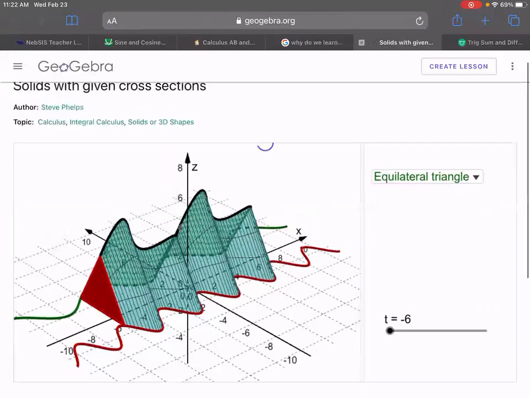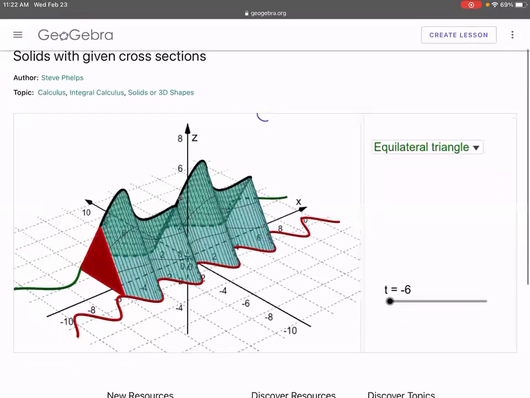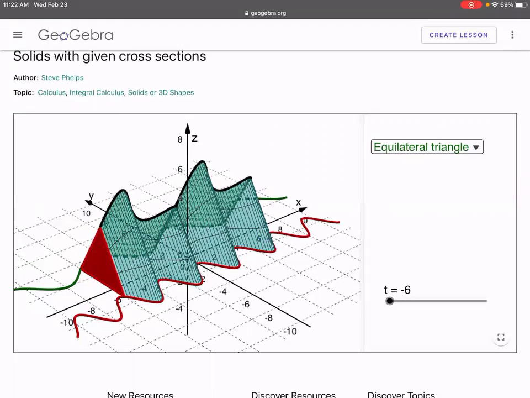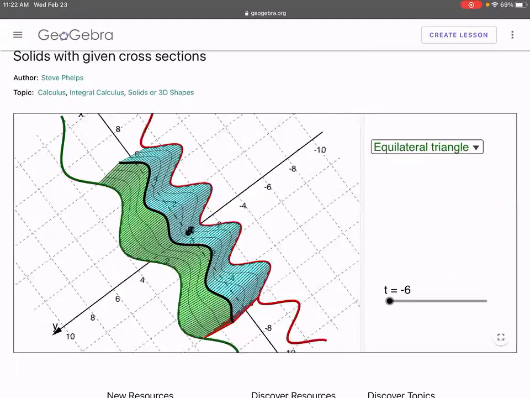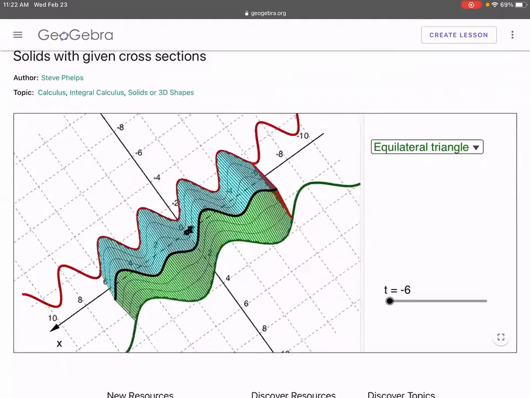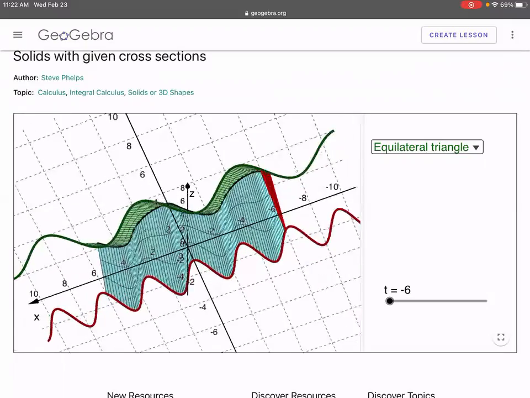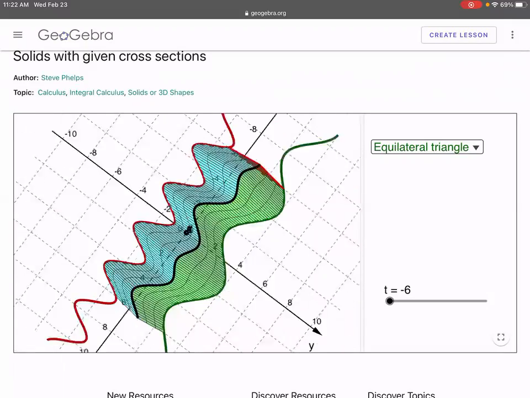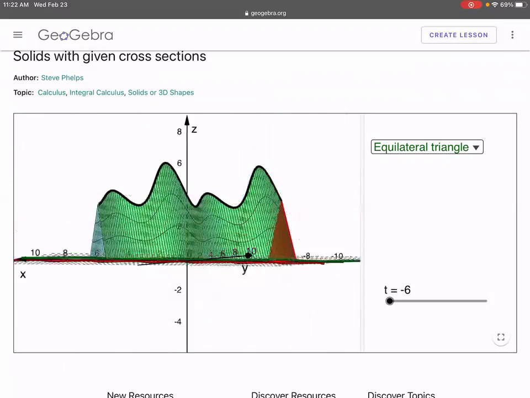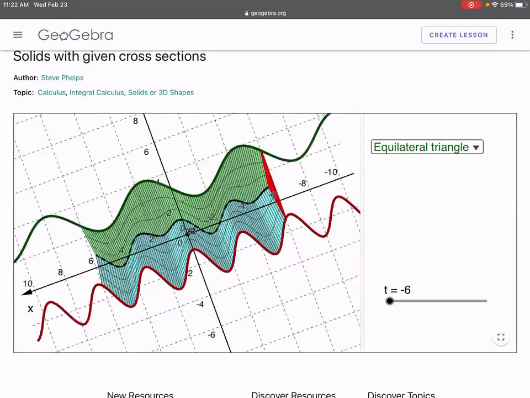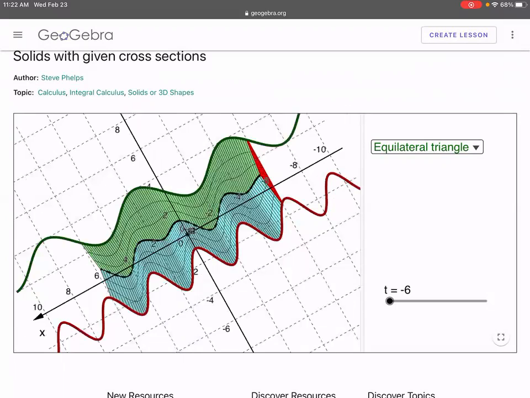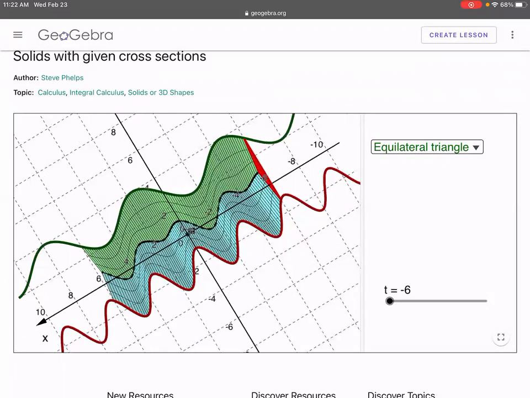Okay, so notice how I have a region between two sine curves, it looks like. And here's what it would look like from above, top minus bottom, like here's my region.